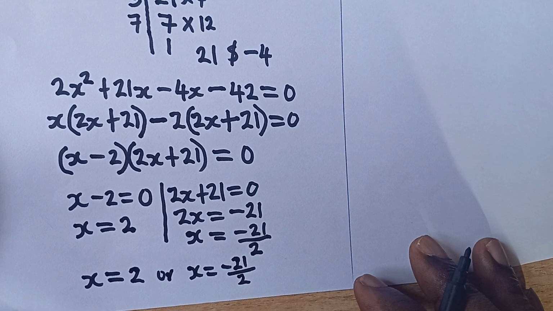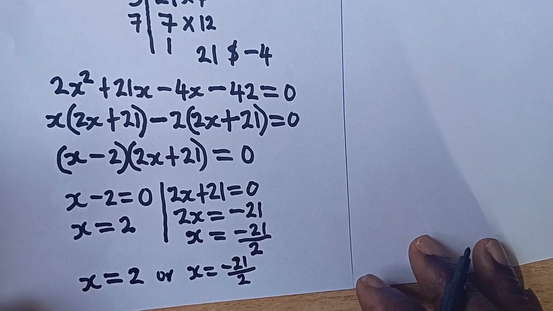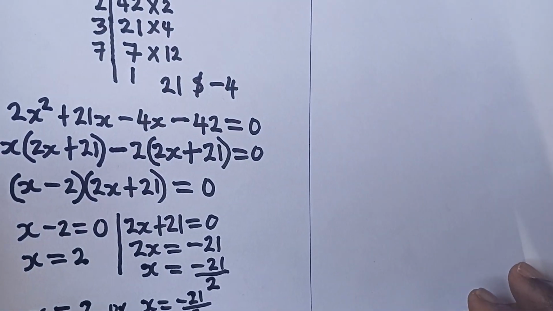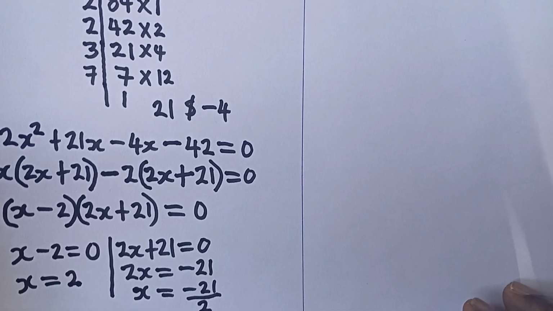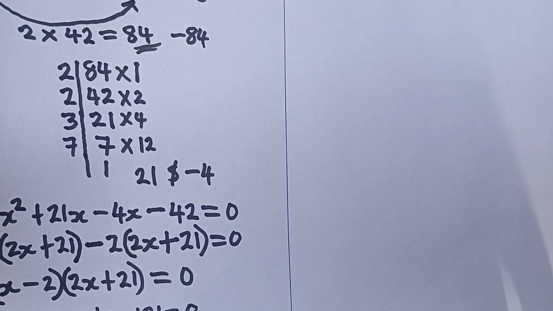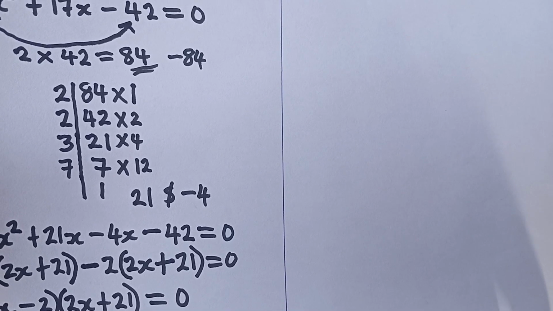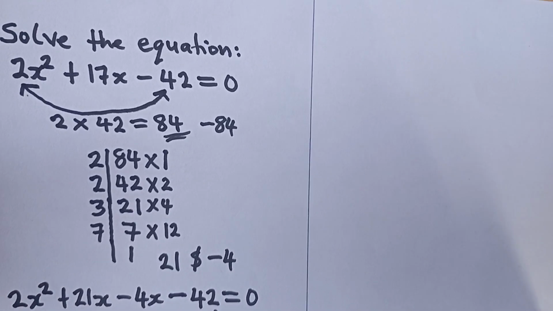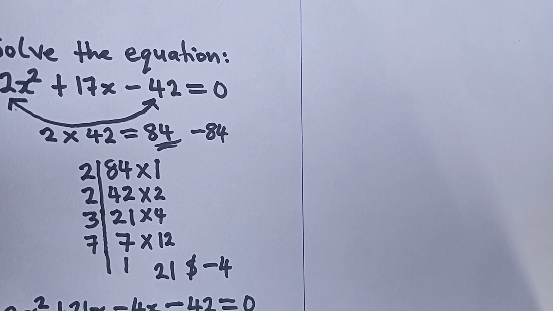Now, we can as well solve another equation so that it becomes easy for us to really understand. So I want to check and see how we can solve another one so that we find it easy to fully understand how to do this.